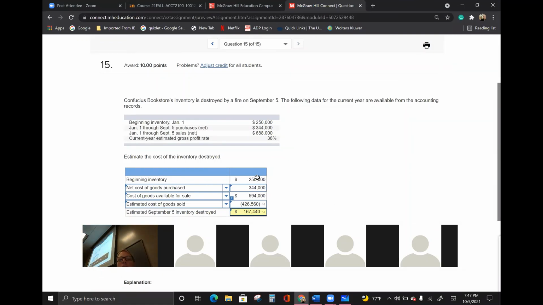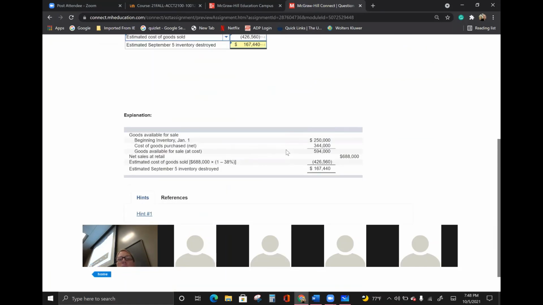So we have beginning inventory 250, they gave us that. Net cost of goods purchased, just bring it down here, 344,000. Cost of goods that were available. How do we get available? We have our beginning plus our purchases. So we're just going to add those together. Come up with the 590, what's available. And it says estimated cost of goods sold. So you have to calculate that out, and you're using that 38% to calculate that out.